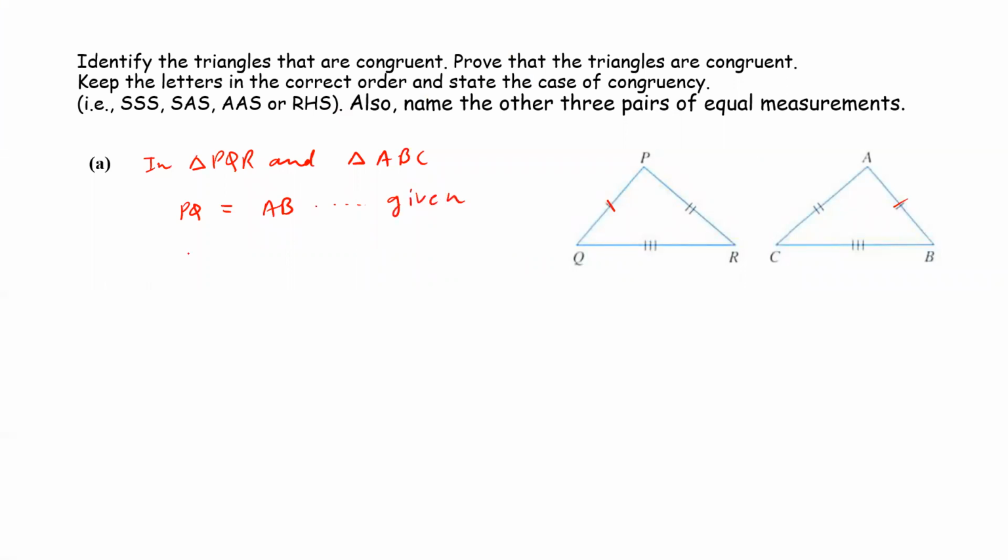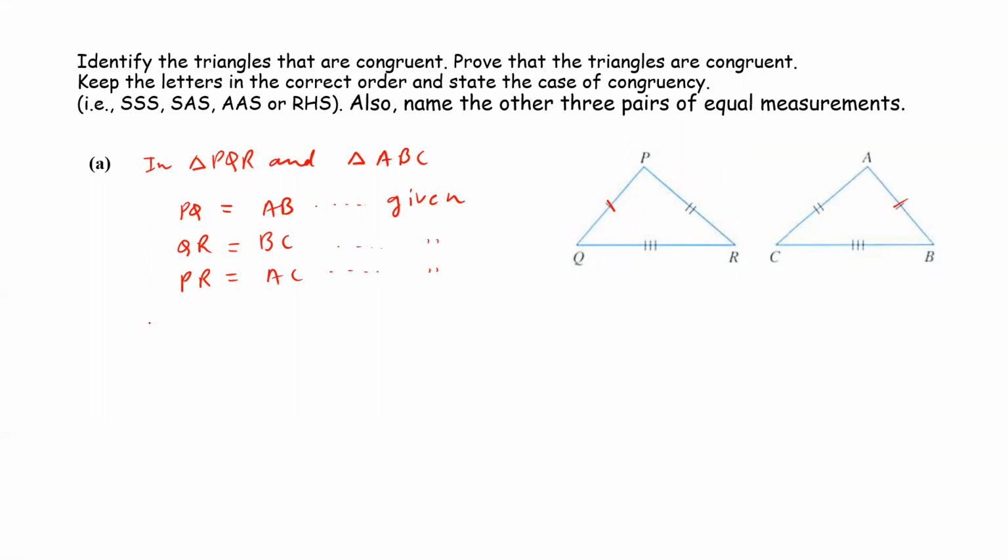Similarly, you can see that QR is equal to BC. And then PR, if you want, you can write PR or RP. So let me write PR, that's equal to AC. Even for these two, in this case, it's given.